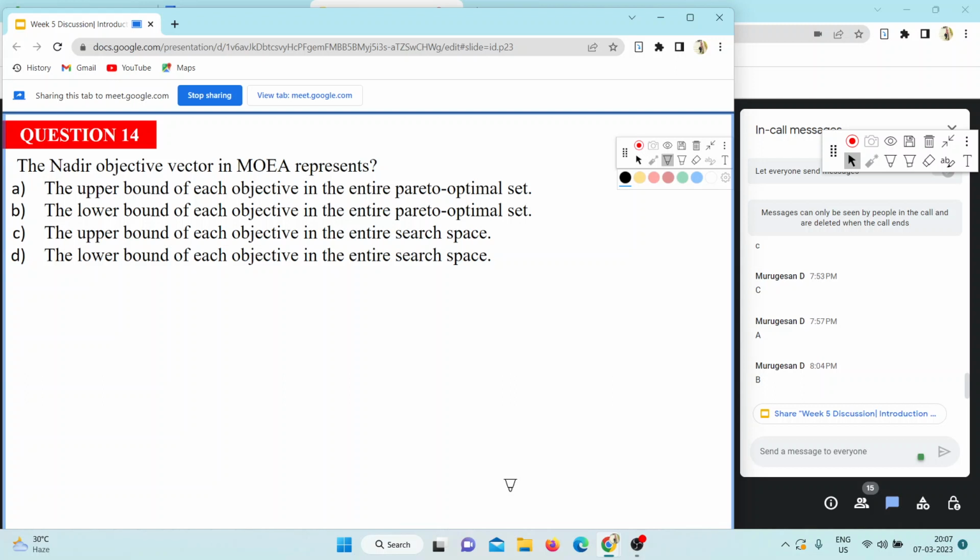So any guesses for this? And this theory you must have read in your lecture note about Nadir objective vector. Okay, Murugan is telling C. Any other guesses, guys?